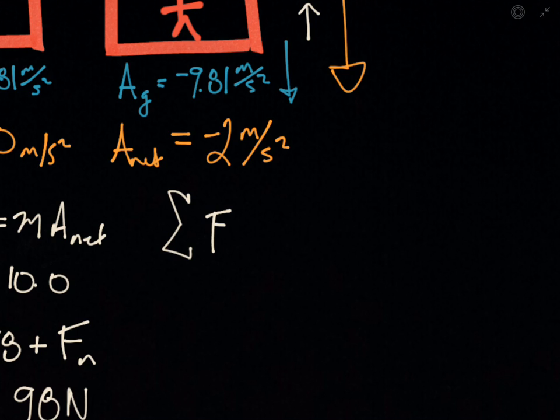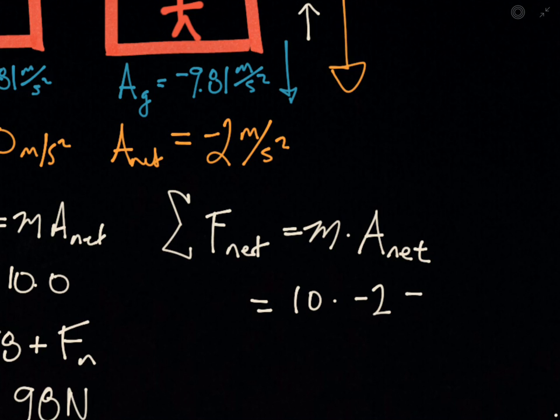It says the sum of the net forces is equal to the mass times the net acceleration. So the sum of the net forces is equal to the mass, which is 10, times the net acceleration, which is negative 2, so that's negative 20 newtons.